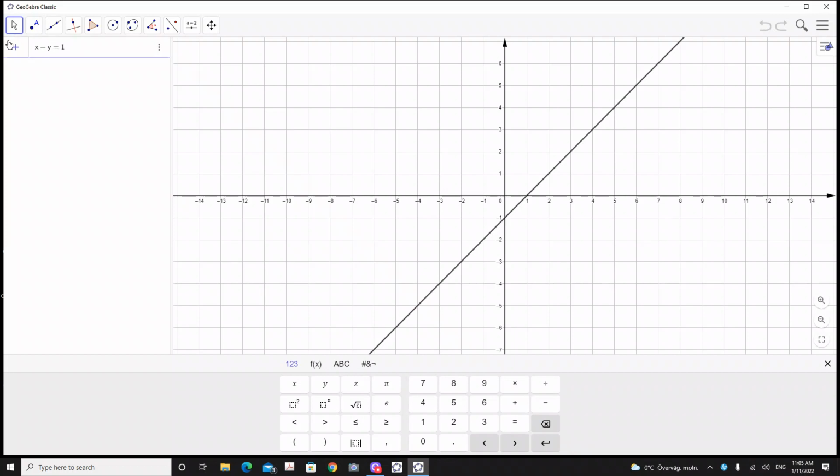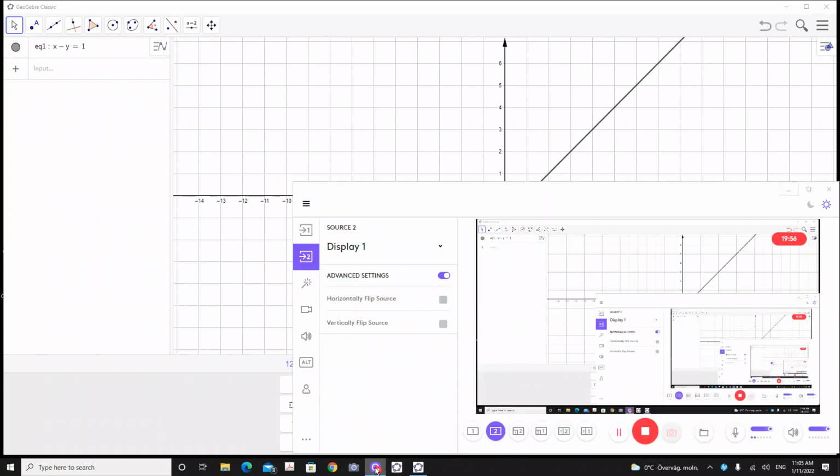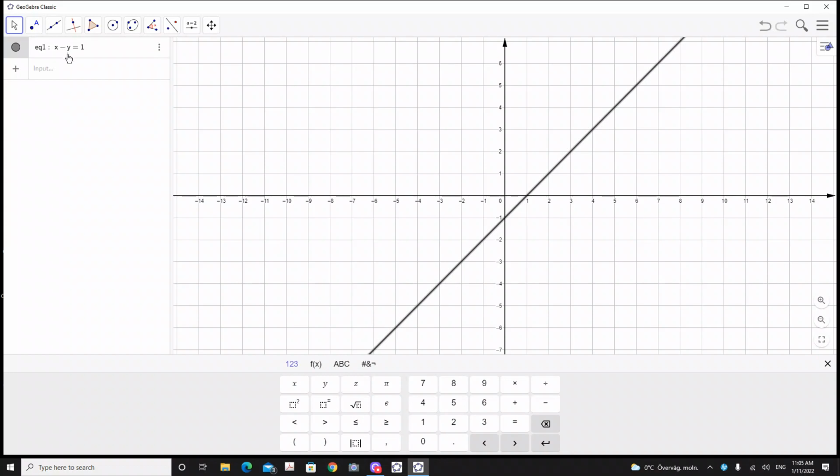Was it x plus y? Yes, thank you for mentioning that. So it was x plus y equals 1. What Ali mentioned was correct, but GeoGebra is a little bit more advanced. You really don't need to make y alone, at least for these simple cases.